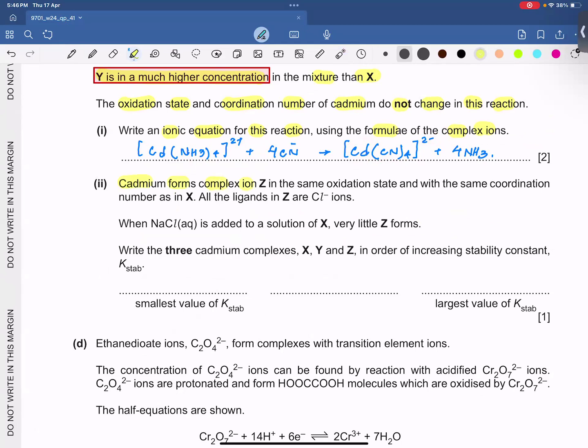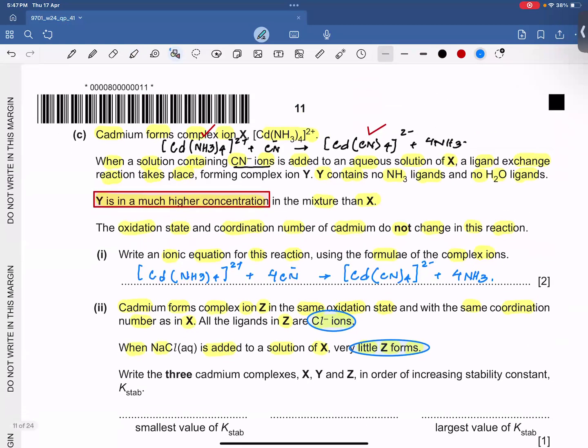Cadmium forms complex ion Z in the same oxidation state with the same coordination number as in X. All ligands in Z are chloride ions. When sodium chloride is added to the solution of X, very little Z is formed. That means complexes formed through chloride ions are less stable than the ones formed through ammonia molecules, right?